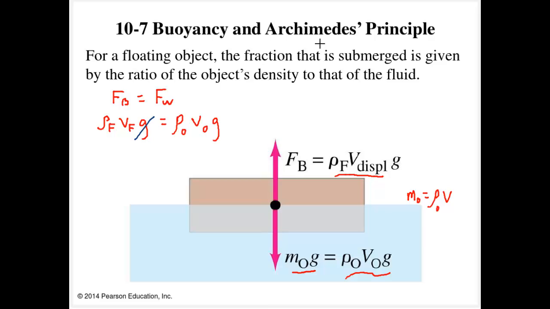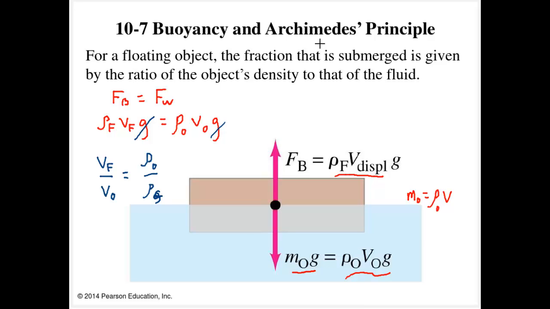And we can see that gravity is going to cancel out. So we can write our ratio of the volume of the fluid, which we can often measure, and the volume of the object, as equal to the density of the object and the density of the fluid.